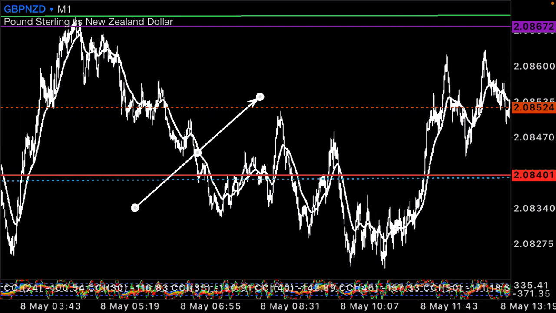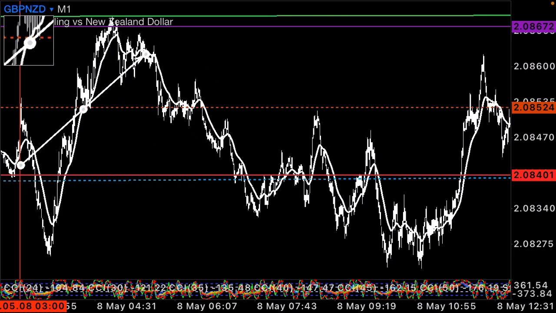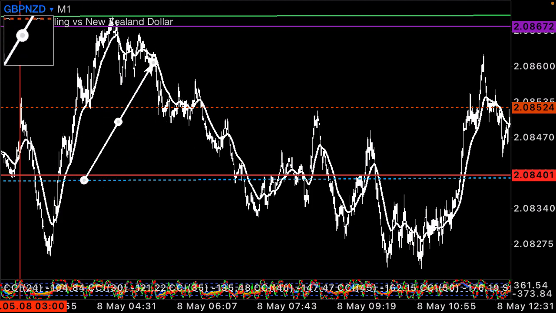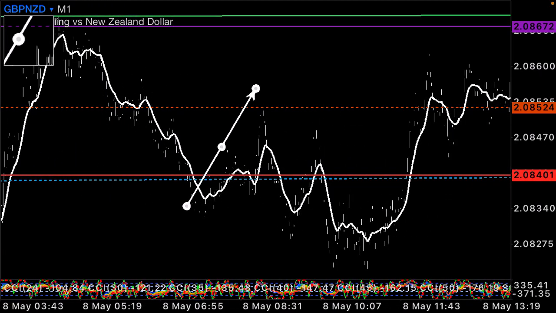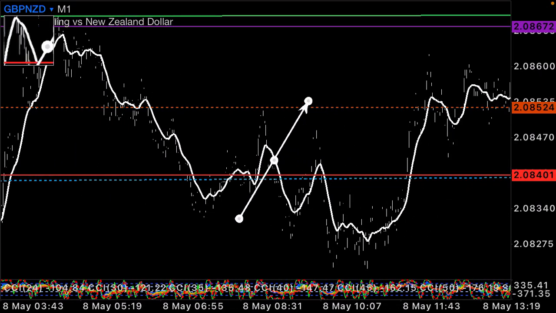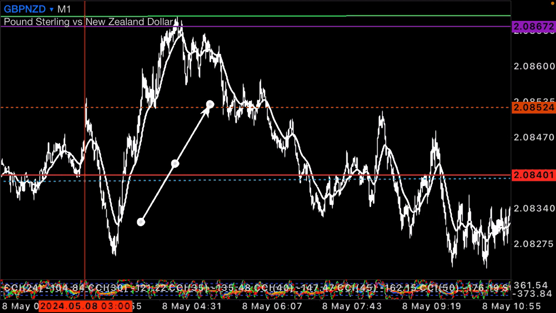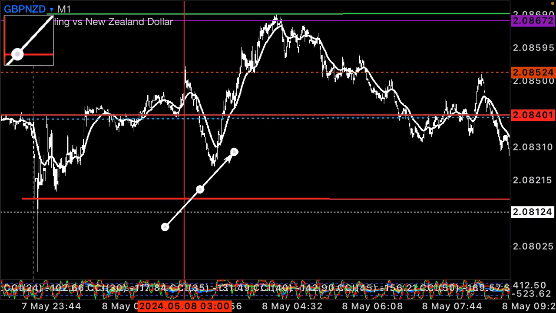So yeah, the market came up, so traders will think that the market is going to be going up, so they put their trades on. And they put their stops down here, because they said, it's going up because it broke this high.